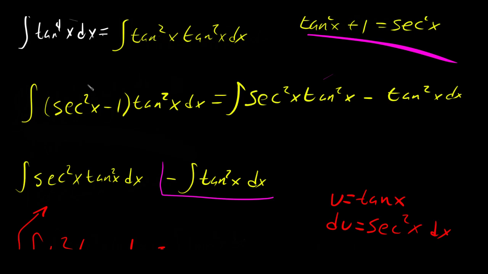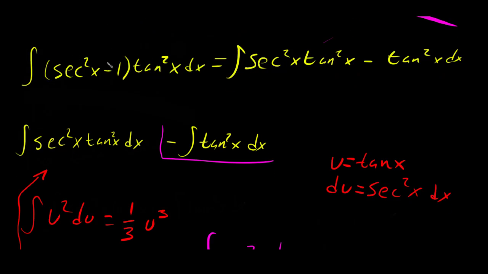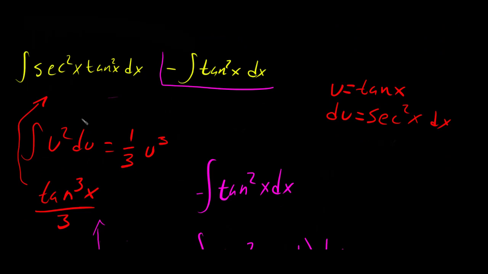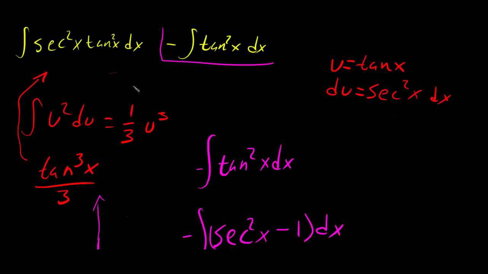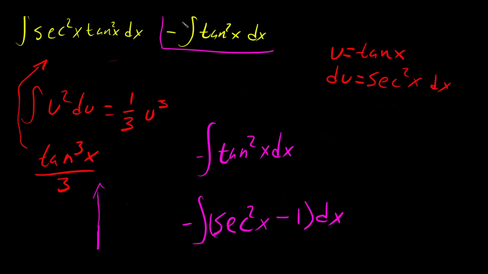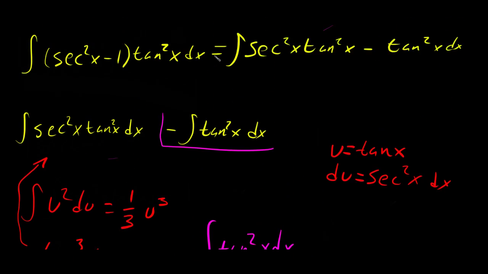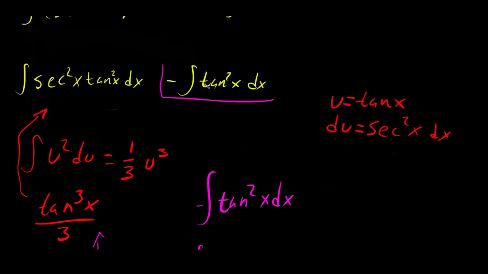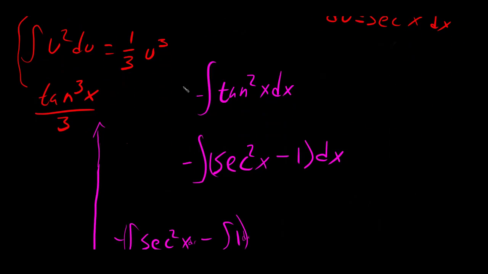We rewrote this, and then we distributed here, and then we split the integral to get this. We worked out this integral using u sub to get this, and then we minused, since we had to minus these two, because up here they were minused in the original problem, and when we split it they stayed minused.